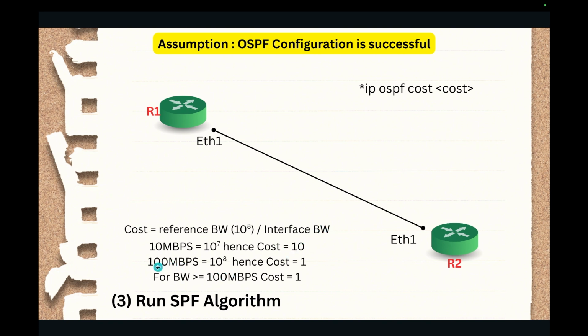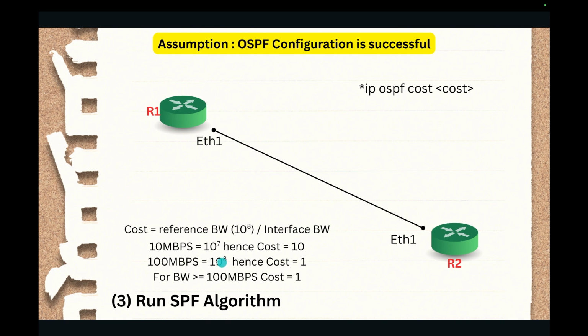Now if the bandwidth for this interface is 100 Mbps, which is 10 raised to 8, then 10 raised to 8 divided by the interface bandwidth, which equals 10 raised to 8, gives us the cost 1.